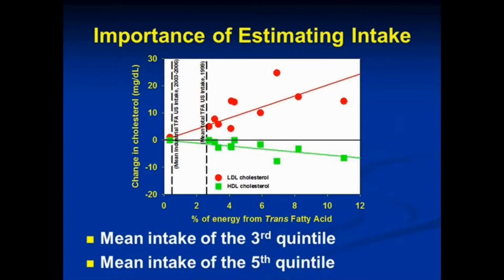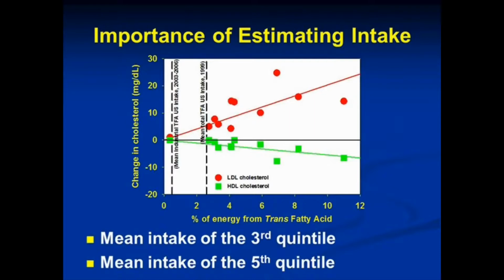One consideration is trying to feed somewhere around the mean intake of the third quintile, which would be pretty close to what the average intake would be in the population. Or if we want to push up a little bit higher, the mean intake of the fifth quintile. That's going to probably represent high intake for high consumers of either trans or interesterified fats.